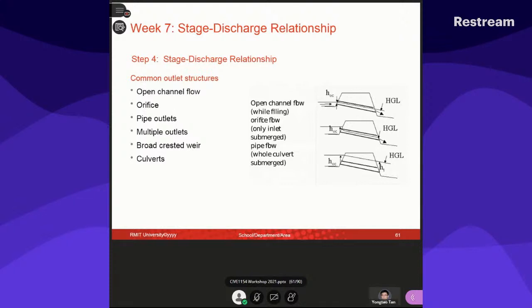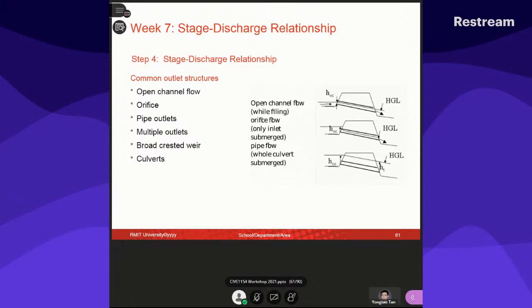You can see that for the open channel flow, it's called free flow: the water level at the inlet is lower than the upper wall of the pipe, and of course the same for the outlet. So the HGL, the hydraulic grade line, is the same as the water line, the same as the water level.